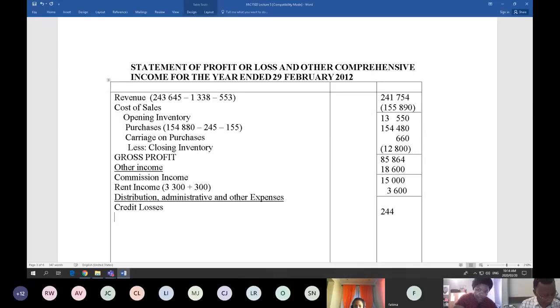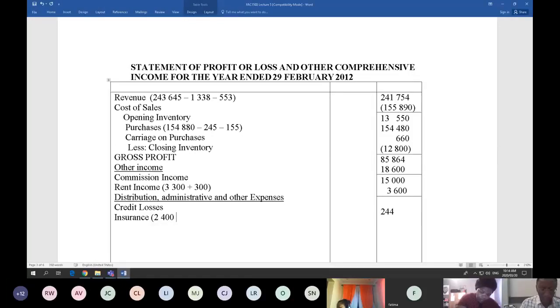My next expense is insurance. But your insurance account, if you can recall, there was an adjustment involved with insurance, because my trial balance says 2,400 is my expense. That is what I've paid for insurance.